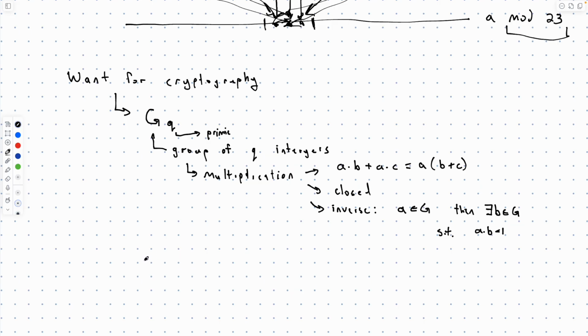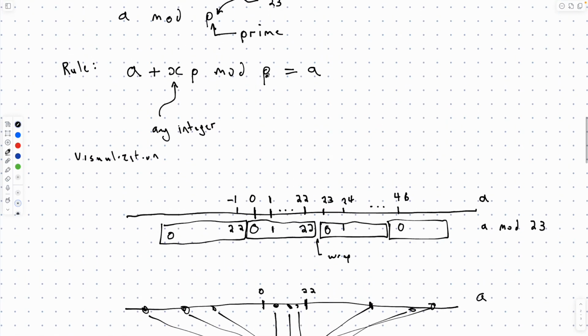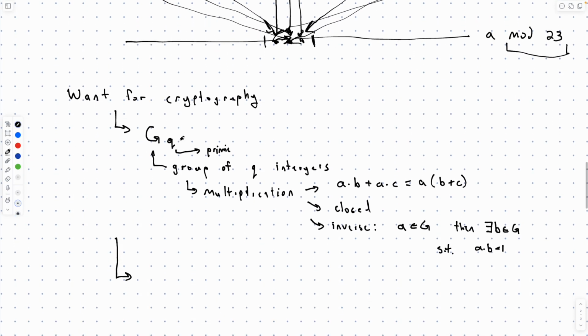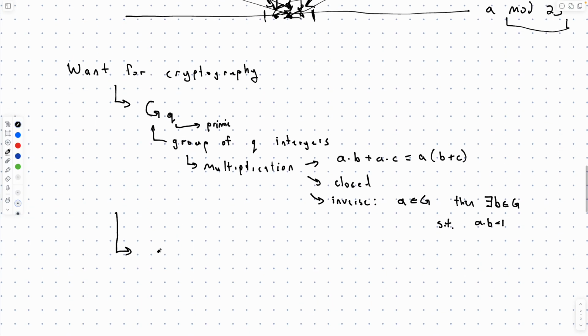Okay, actually I'm purposely saying Q, and here I was talking about P, and they're both prime numbers, and there is going to be a relationship between Q and P that I'm going to get to, but for this example, I'm just actually going to go back to the example of P. So I'm going to define a set of integers, which is just 0, 1, 2, 3, all the way up to P minus 1 for whatever the prime is. So in our case, we were thinking of P equaling 23. So in this case, it would go up to 22.